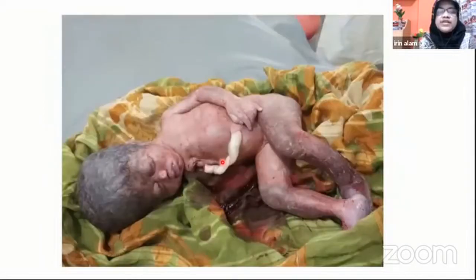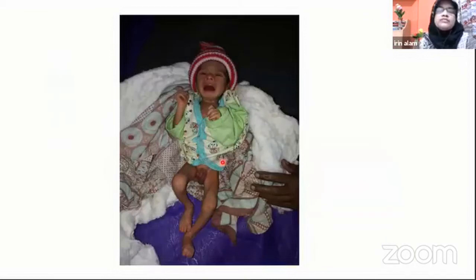This is a picture of another IUD. This is a picture of intrauterine fetal growth restriction. Look at the face of this baby.